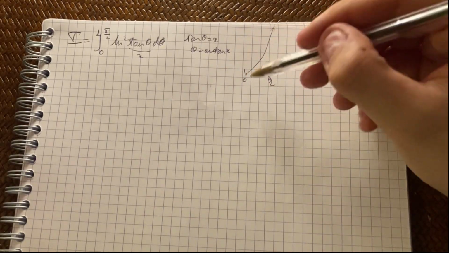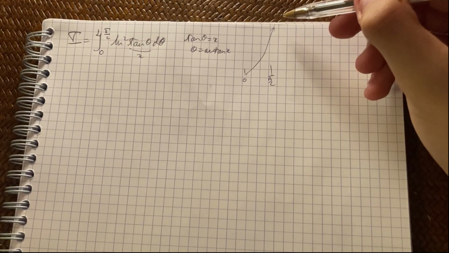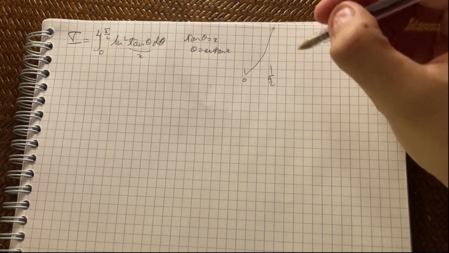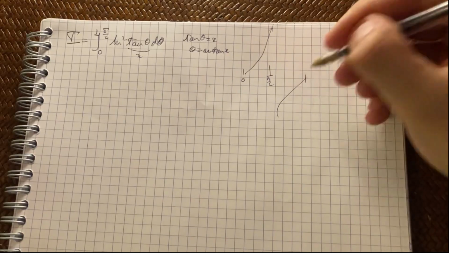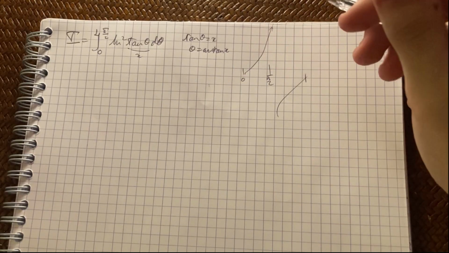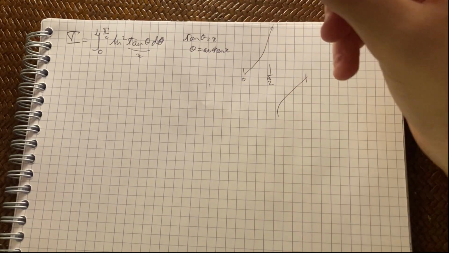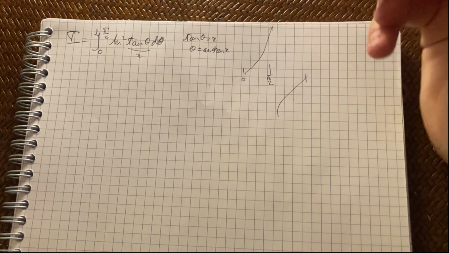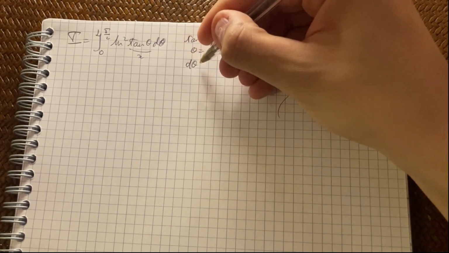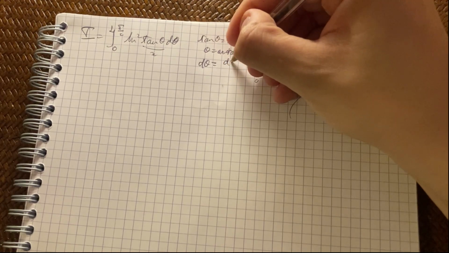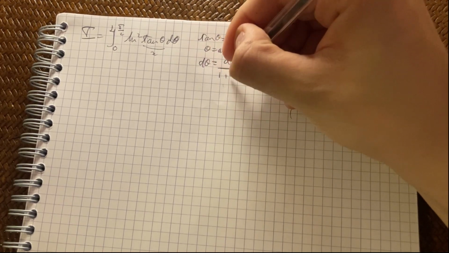And you see that we don't have any problem, like if we had this kind of boundary, 0 to pi, so no problem here. And then we differentiate theta equals arctangent x, and we have d theta being dx by 1 plus x squared.